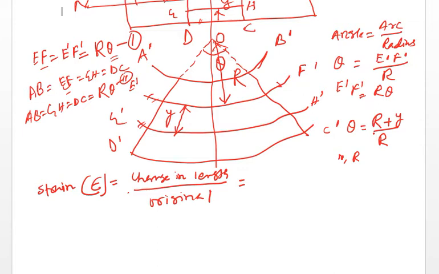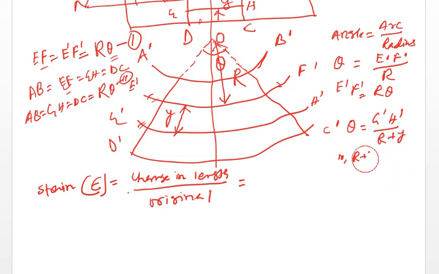Angle is equal to arc upon radius. I made a mistake. So what is the arc? The arc is G dash H dash, correct? And what will be the radius? R plus y.